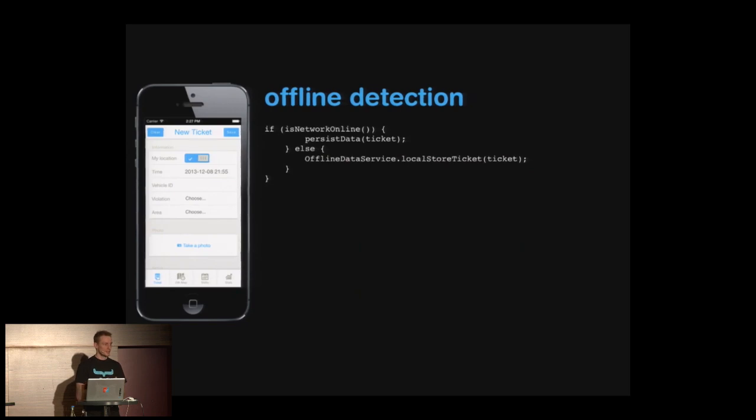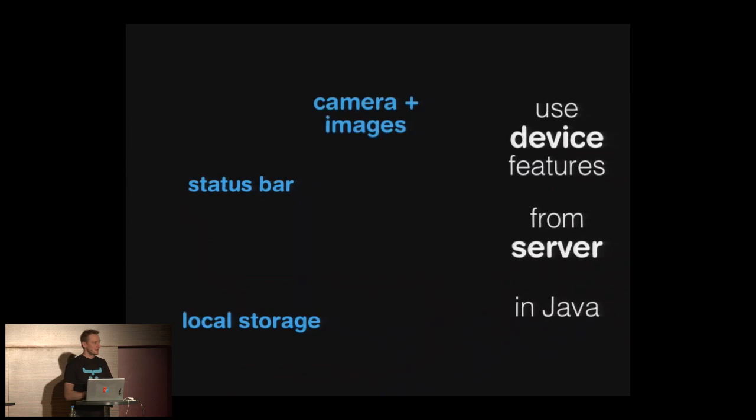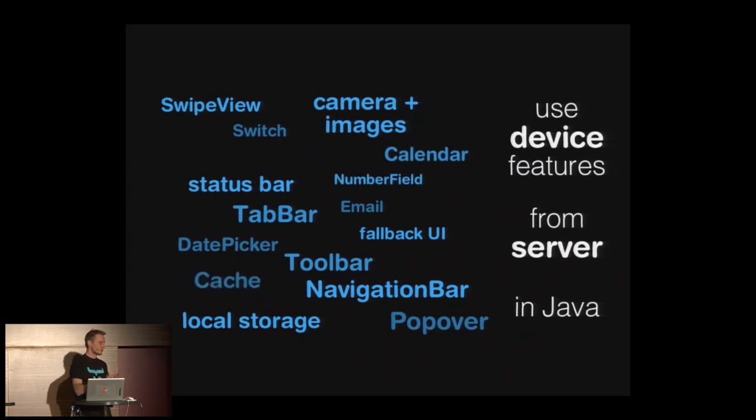So you collect the data and then store it back to the server, but most of the application and most of the data is always on a centralized storage. Overall, it is about controlling those small device features from the server-side API. So you have Java API for everything there on the device side you need.